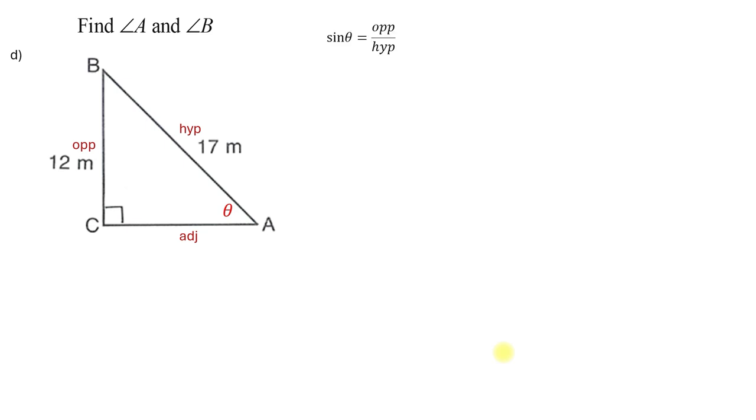So we can say that the sine of angle A equals 12 over 17, which means that angle A by itself equals the inverse sine of 12 over 17. Entering those values into our calculator gives us a value of 44.9 degrees for angle A. Adding angle A and angle C together and subtracting that sum from 180 gives us a value of 45.1 degrees for angle B.